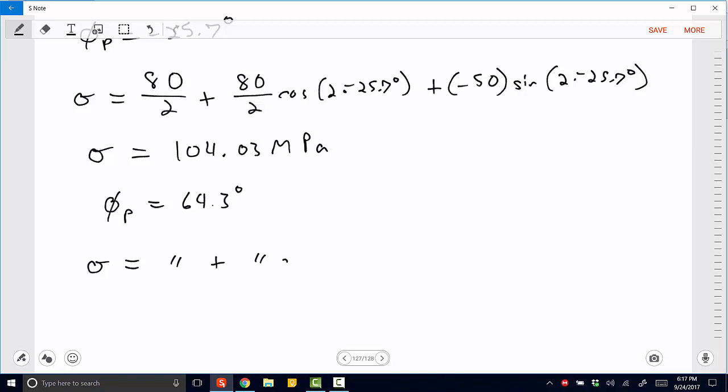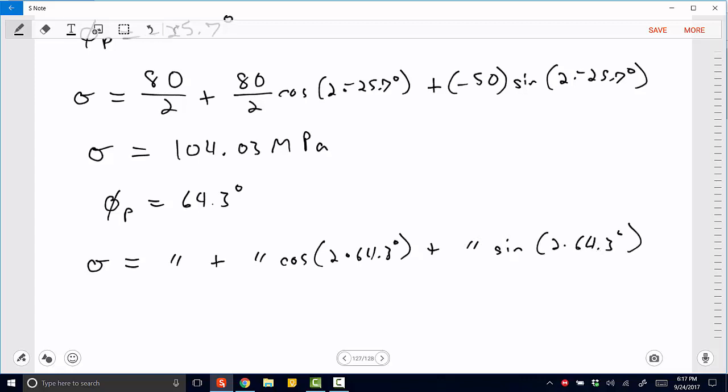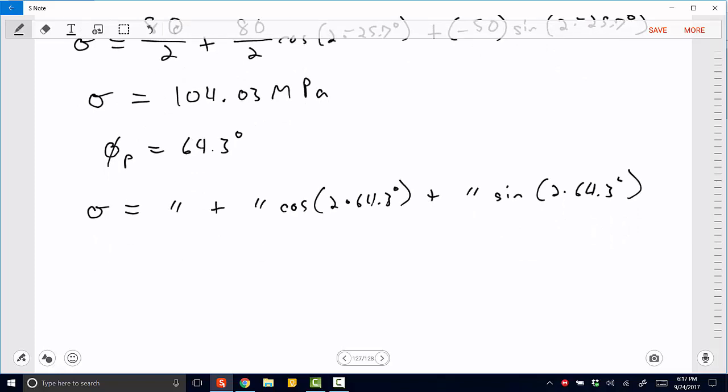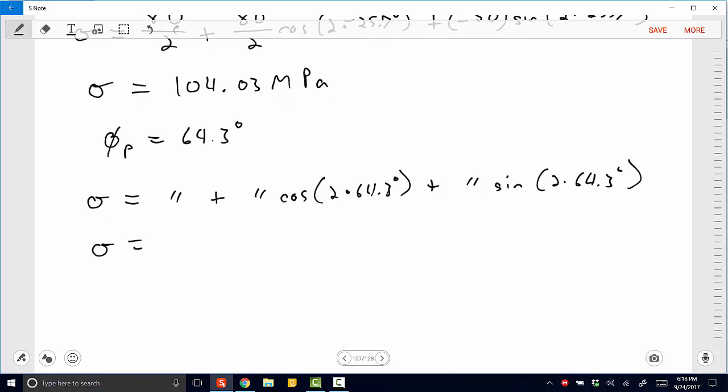Second term times cosine of 2 times 64.3 degrees plus that times sine of 2 times 64.3 degrees. We plug all that stuff into our calculator and we will find that the normal stress with this angle is equal to negative 24.03 megapascal.